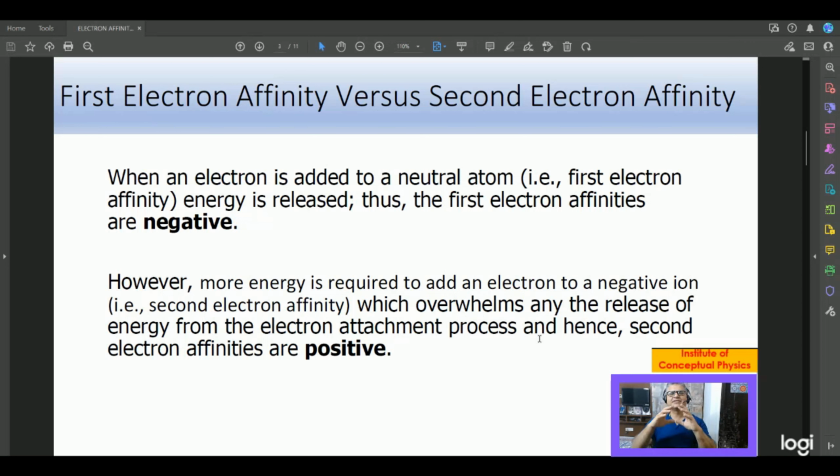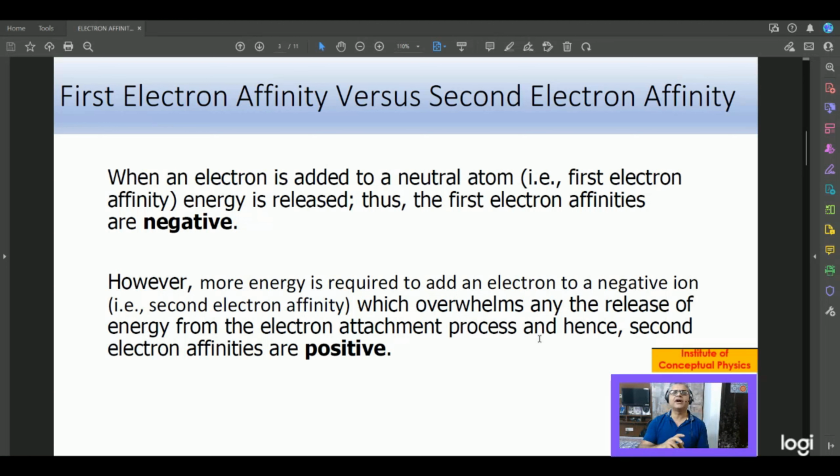Now the system has become an anion. It is already negative. Now let's study what happens when we try to add one more electron to this system. It already has acquired one electron. It has become a negative ion, and now you are sending one more electron to be added to this atom.